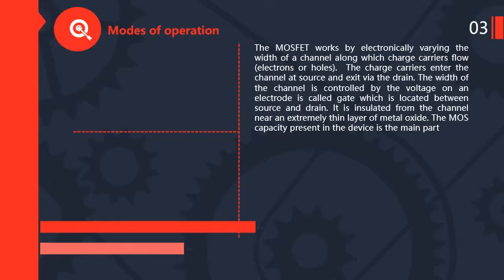The width of the channel is controlled by the voltage on an electrode called the gate, which is located between the source and drain. It is insulated from the channel by an extremely thin layer of metal oxide. The metal oxide semiconductor, in short MOS, capacitor present in the device is the main part.